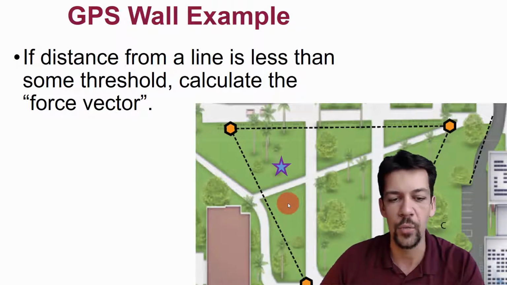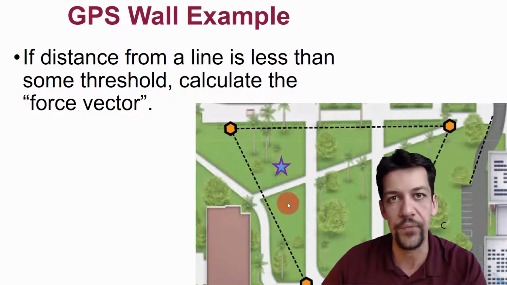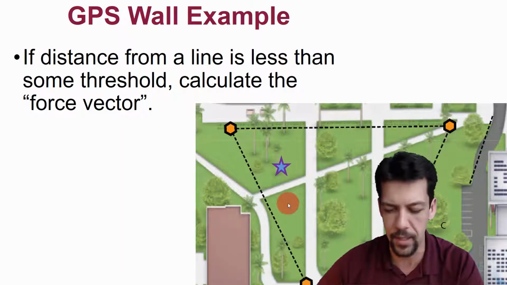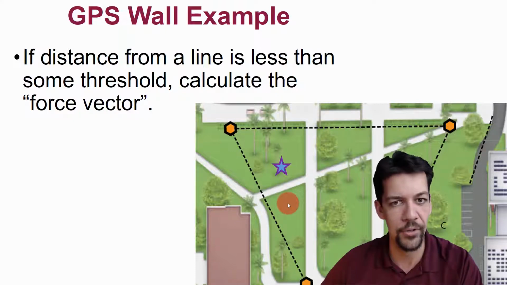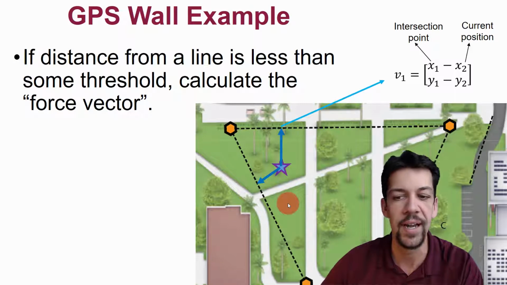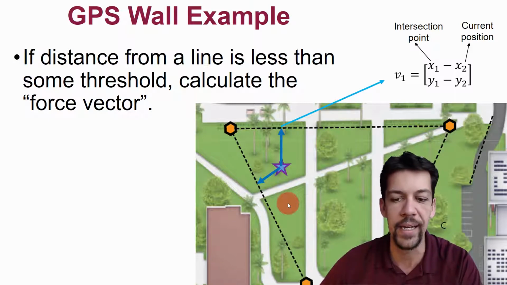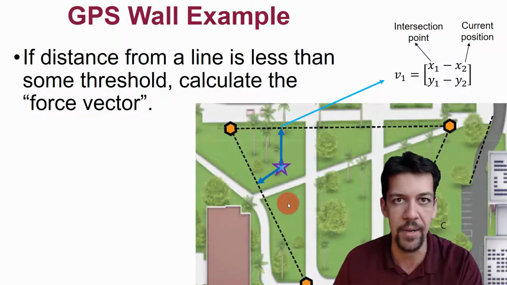So the next thing is, once we're within a threshold, we should calculate the force vector opposing that line. So the first thing we need to do is calculate vectors to our boundary lines. And the way we do this is by taking our current location and the intersecting point, and that gives us a vector, a unit vector, towards the boundary that we're currently examining.